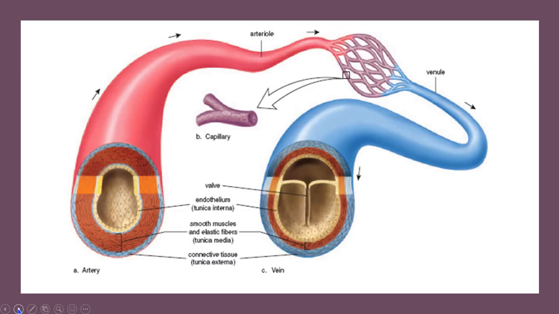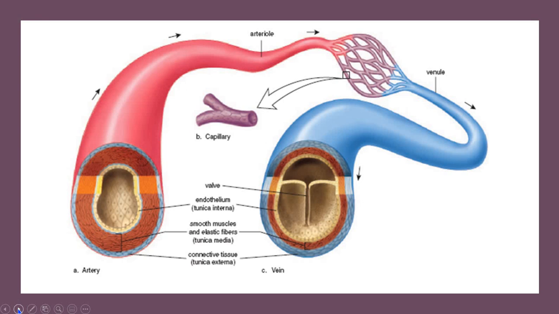First off, in looking at the overall structures of the blood vessels, you have the artery, which they've colored red, and the vein that they've colored blue. You can see the arrows indicating the direction of flow.